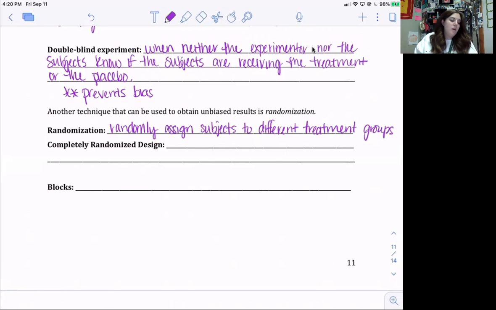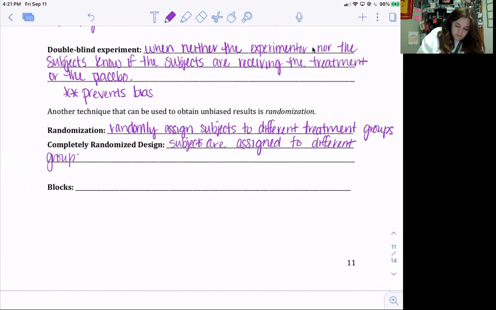Then we have a completely randomized design, and this is when subjects are assigned to different groups for treatment through random selection.